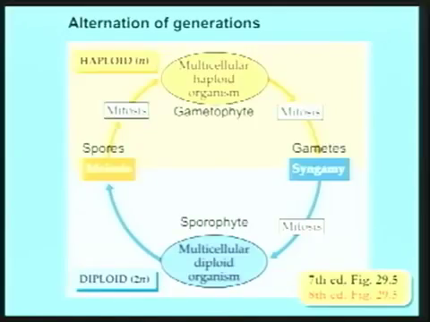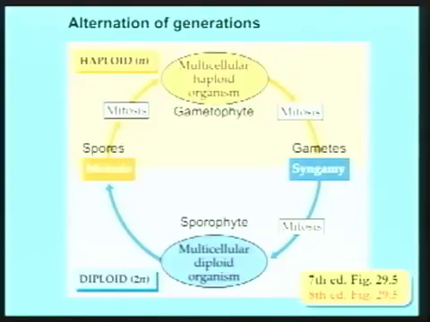Gamete-producing plant, or the gametophyte. So the haploid generation produces the gametes by mitosis because they're already haploid. The gametes then fuse together to form the zygote, and then we have mitoses to form a multicellular diploid organism. Remember, the zygote's diploid, obviously.